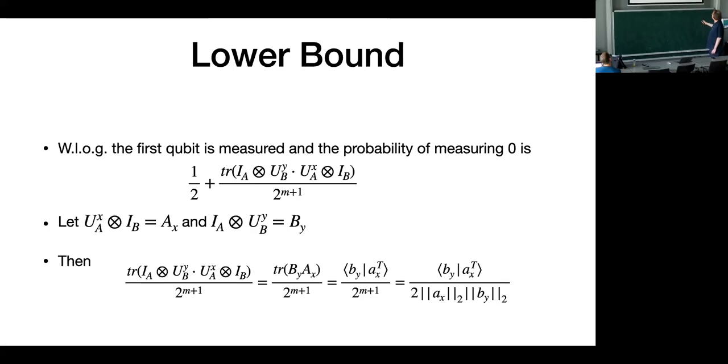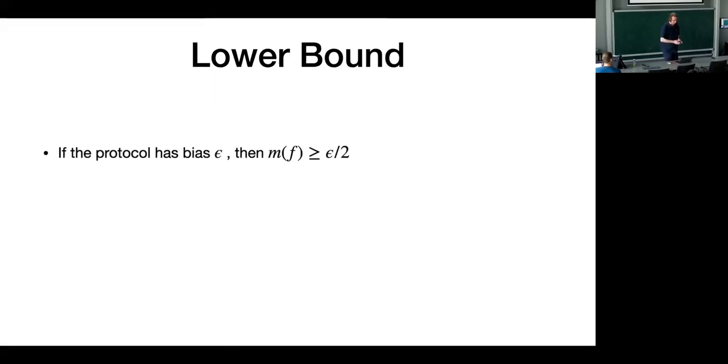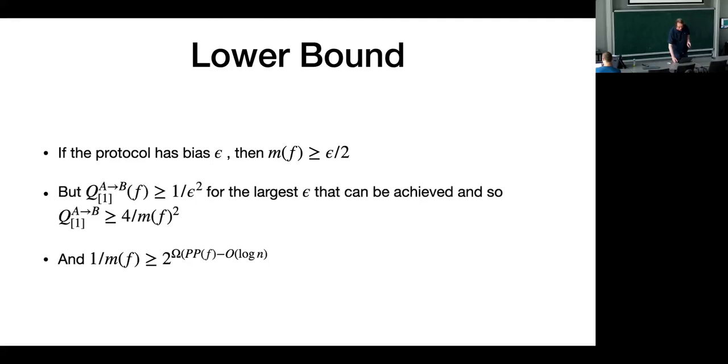And we have this additional 2 here, and then this is the inner product between these two vectors, and they are automatically normed if you divide them by the 2 norm. So what turns out is, if your protocol has bias epsilon, then m of f is at least epsilon over 2.